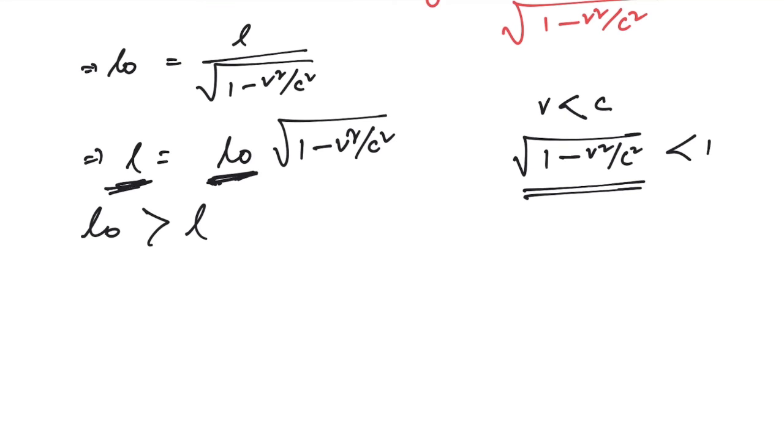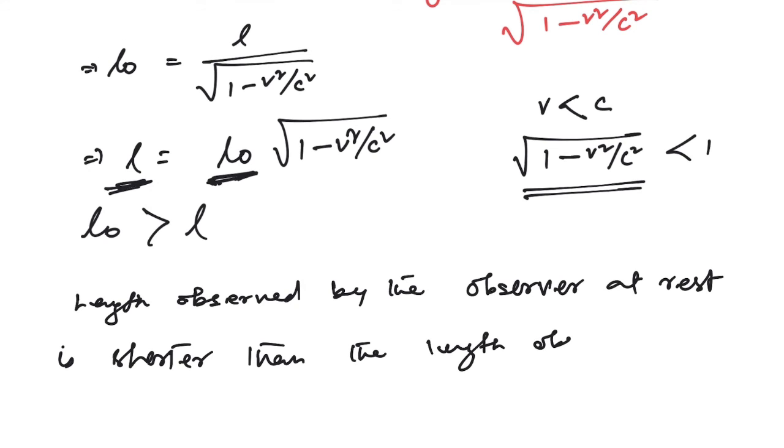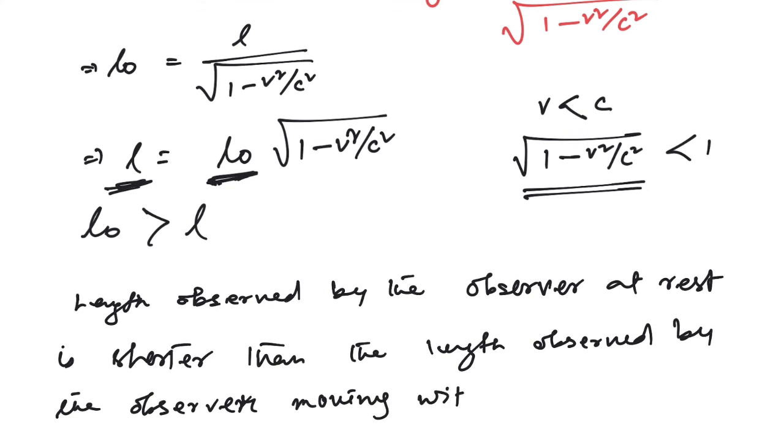Which means that the length observed by the observer at rest is shorter than the length observed by the observer moving with the same velocity as the object.